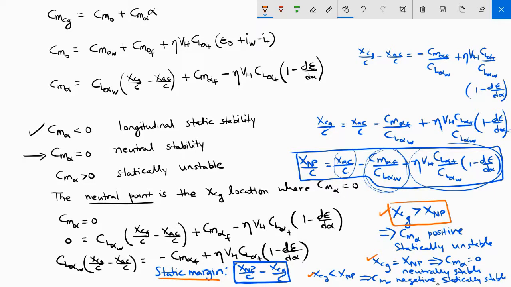So negative static margin makes the aircraft statically unstable. When xcg is equal to xnp, static margin is equal to 0. So 0 static margin means neutral stability.